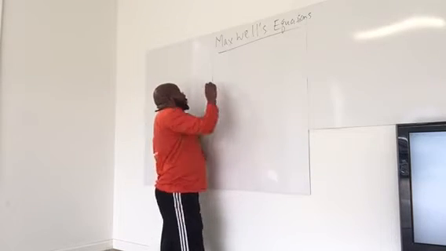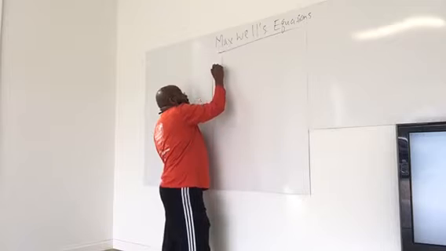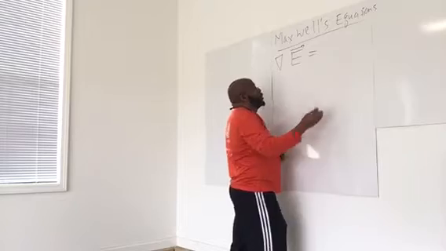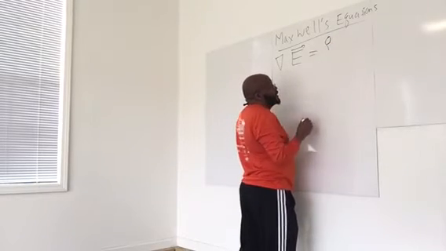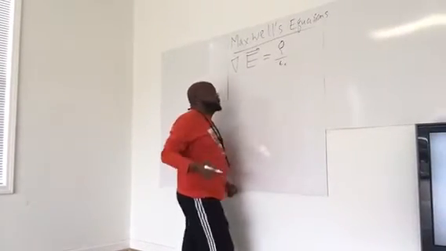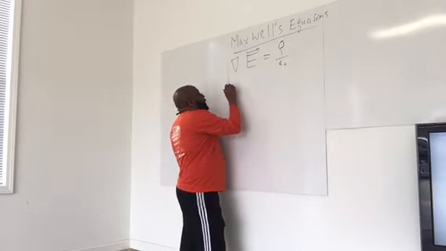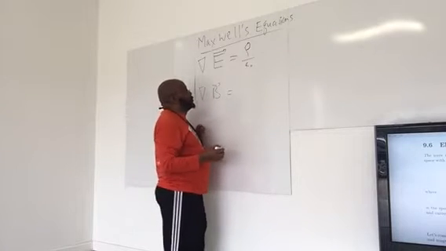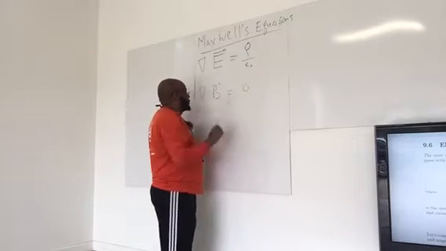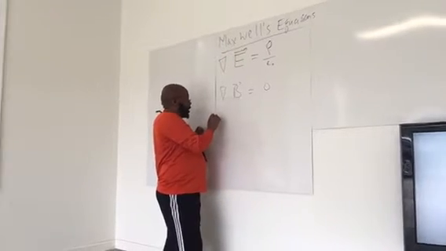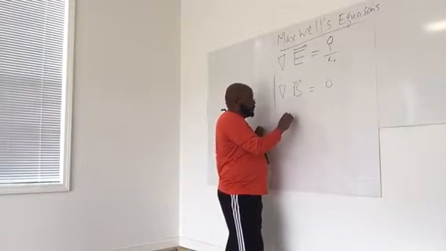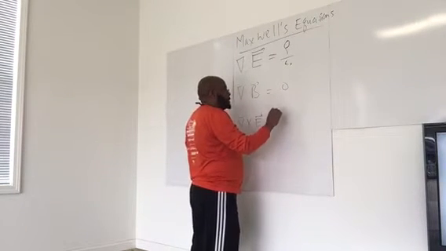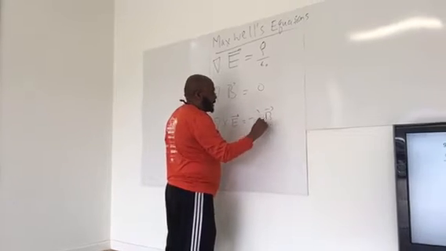These are the Maxwell's equations, which include the divergence of the electric field is equal to rho, the charge density, over epsilon naught. The second one is the divergence of the magnetic field equals to 0. The third one is the curl of the electric field, which is equal to minus the time change of the magnetic field.